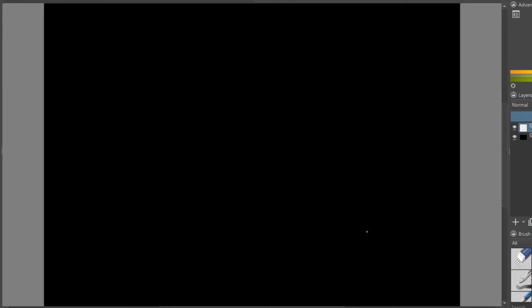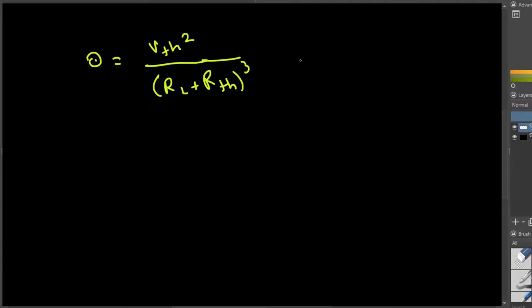Okay, so we cancel that one. After we cancel, this is what we are going to get. 0 is equal to V Thevenin squared divided by (RL plus R Thevenin). We cancel one of the powers, so this is cubed right now, and then this is multiplied by (RL plus R Thevenin) minus 2RL.